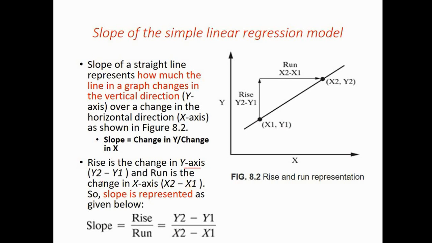So rise is represented as y2 minus y1, and run is represented as x2 minus x1. Finally, the slope is rise by run, that is equal to y2 minus y1 divided by x2 minus x1. In the diagram, rise is equal to y2 minus y1, run is equal to x2 minus x1.